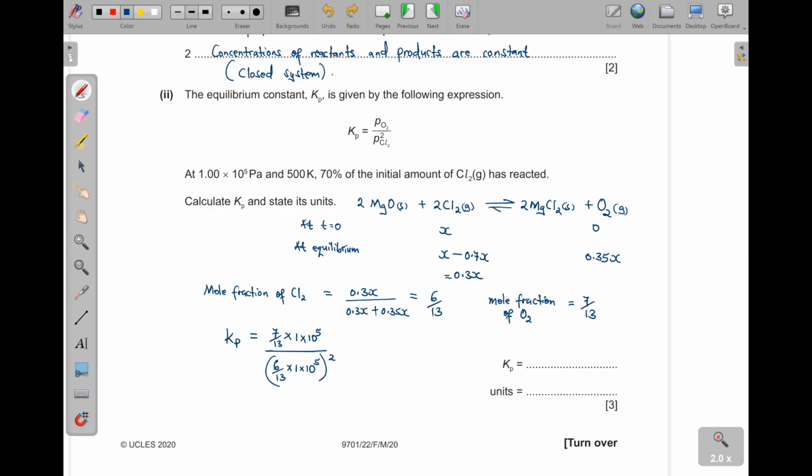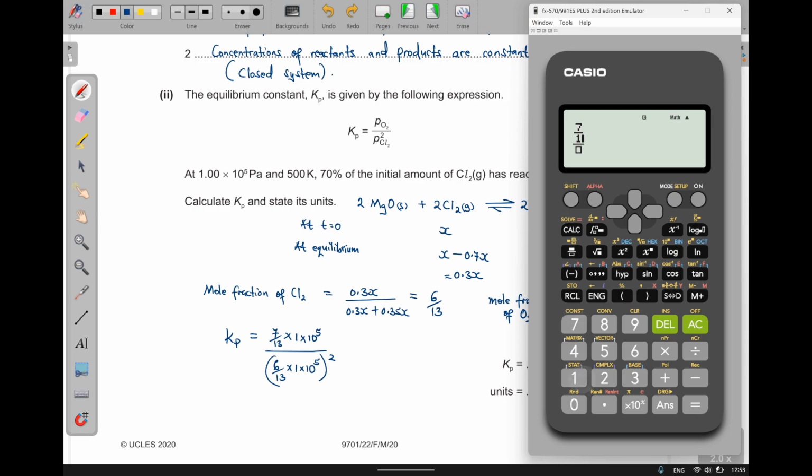Then in the calculator we have 7 over 13 times 10 to power 5, then down we say 6 over 13 times 10 to power 5, and I square the whole of this one down here.